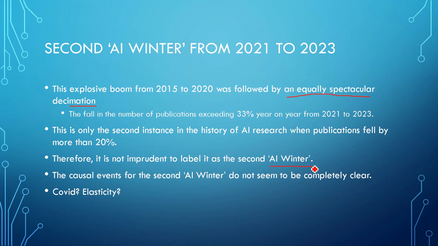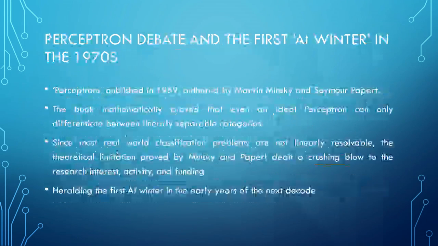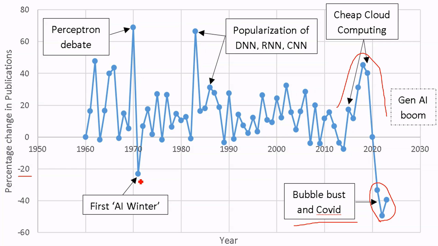However, we believe that it is not imprudent to call it a second AI winter, because it is only the second instance in the history of AI research when publications fell by more than 20%. So you see here that this was the first AI winter when publications fell by more than 20%, and here publications fell by a much larger amount and over a period of 3 years. So it can also be labeled as a second AI winter, right?